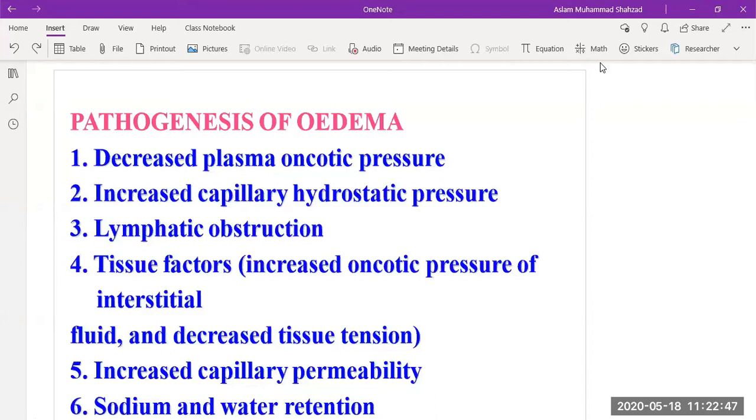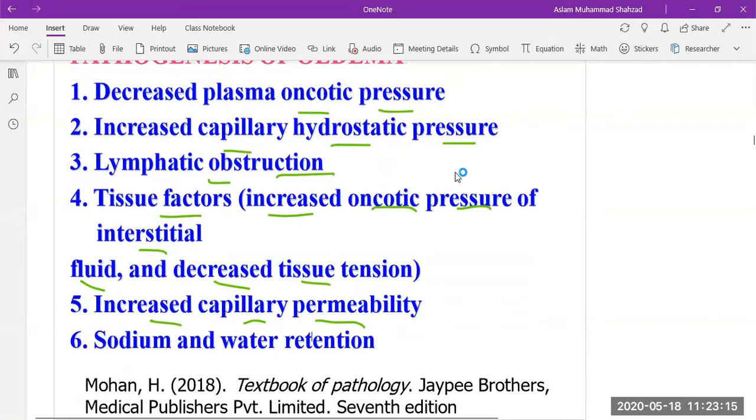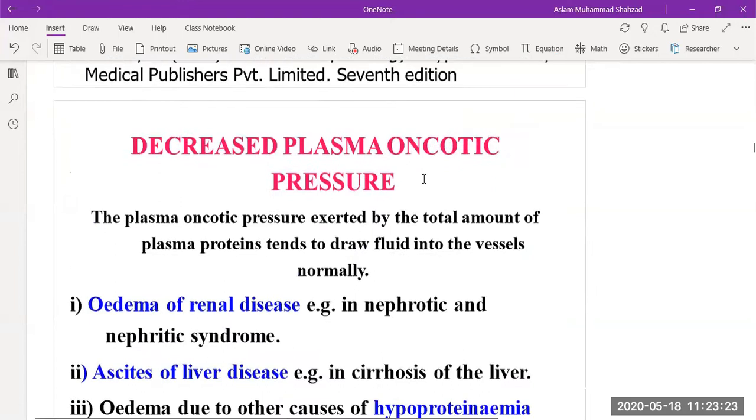Number 1 is decreased plasma oncotic pressure, then increased capillary hydrostatic pressure, then lymphatic obstruction, then tissue factors such as increased oncotic pressure of interstitial fluid and decreased tissue tension, then increased capillary permeability, and last is sodium and water retention. So these are all factors responsible for the pathogenesis of edema, and we will discuss them one by one.